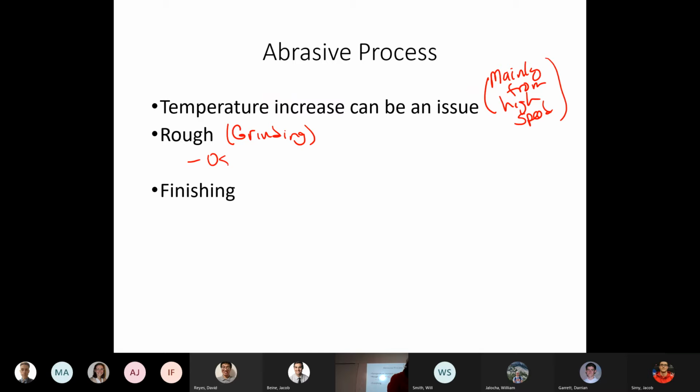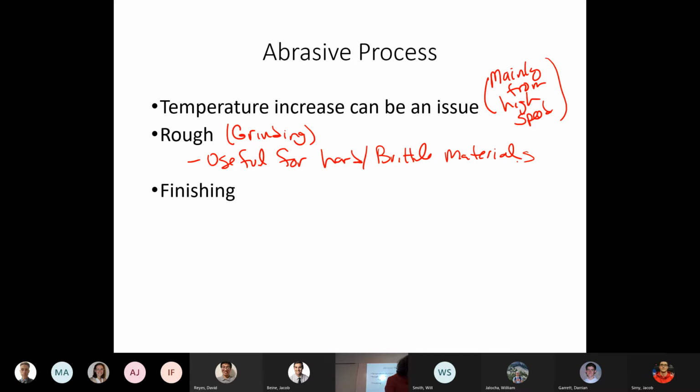This is going to be useful for our hard, brittle materials, and we often just refer to this as grinding. This is how you might shape your hardened steel, where you may be trying to correct from some heat treating.